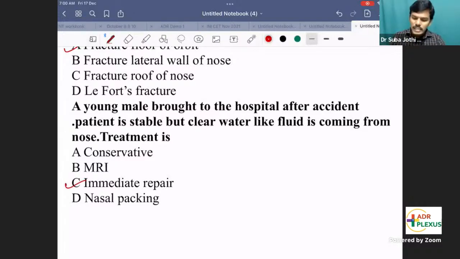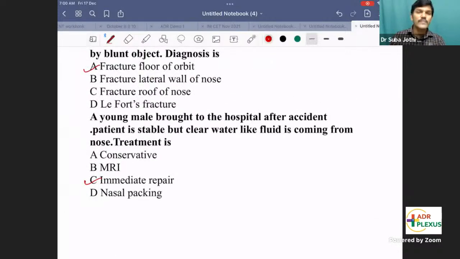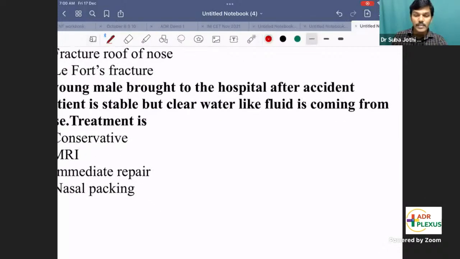The thing I am telling you is, in a spontaneous leak, the patient will present to you quite late, because first he'll convince himself that this is not a problem. Then he will start getting severe headache episodes. After that, he will straight away come to the ENT doctor.